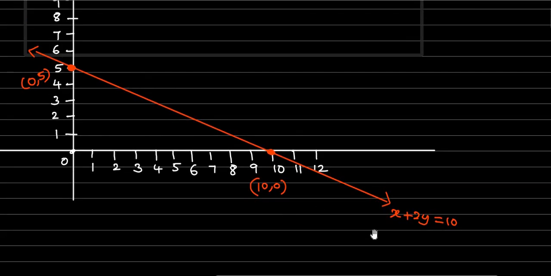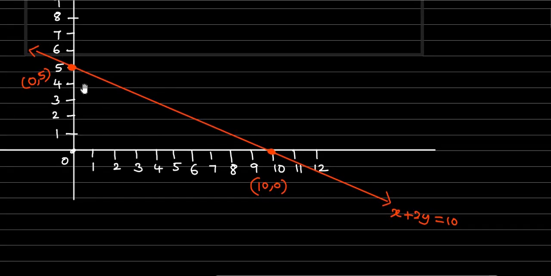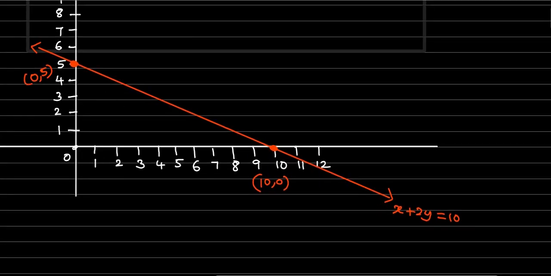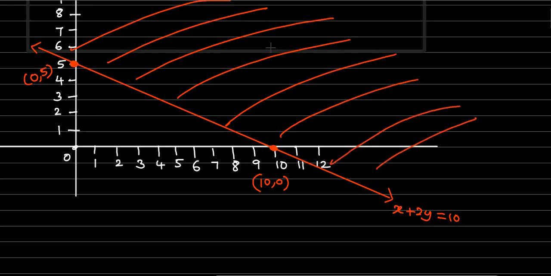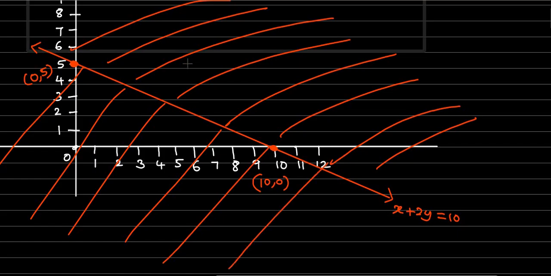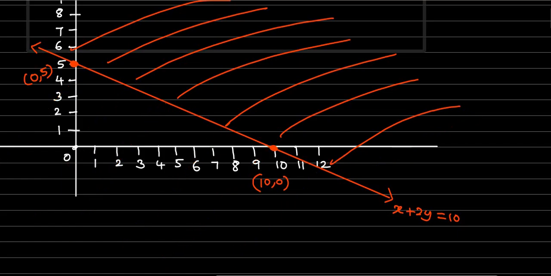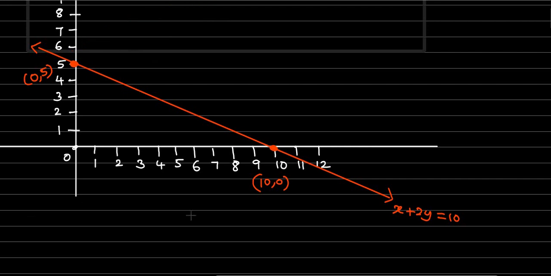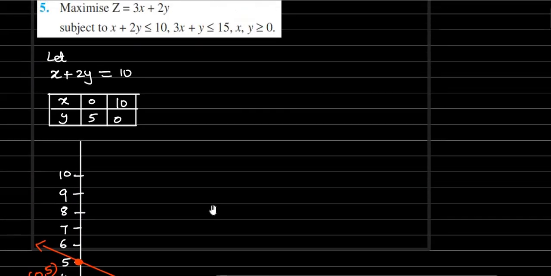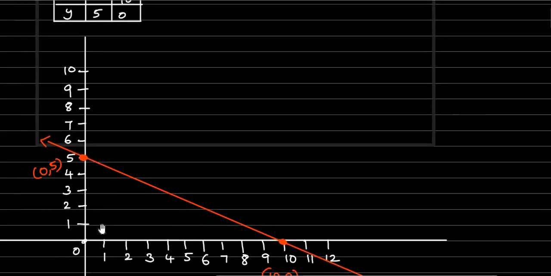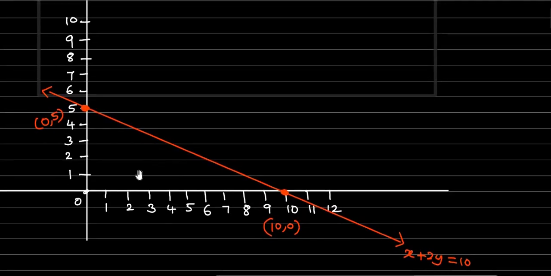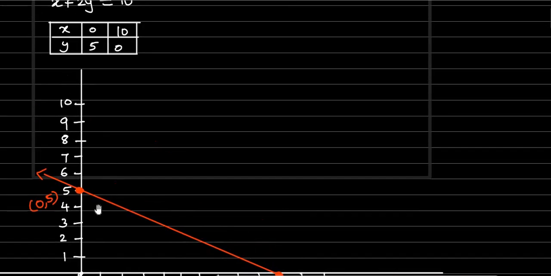After drawing this red line, x + 2y = 10, the graph is divided into two portions. Above the red line is the first portion, and here we have the second portion. For the given inequality, we need to identify whether the solution is above or below the red line. For that, we can randomly take any point, such as 1 comma 1, 2 comma 2, or 0 comma 0, and substitute it.